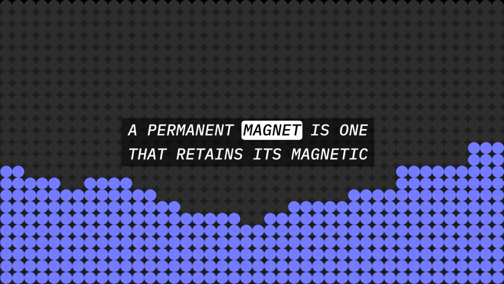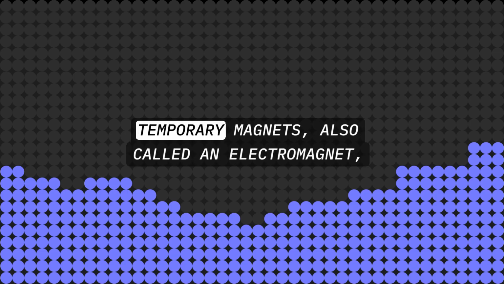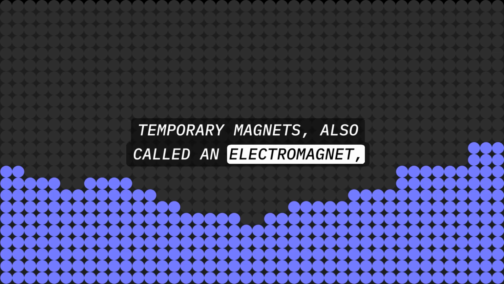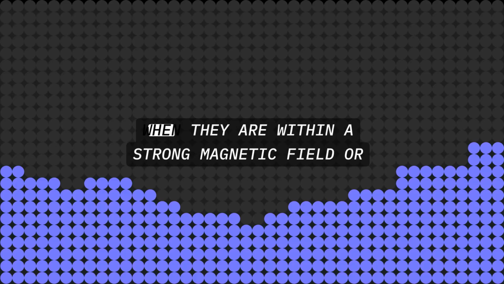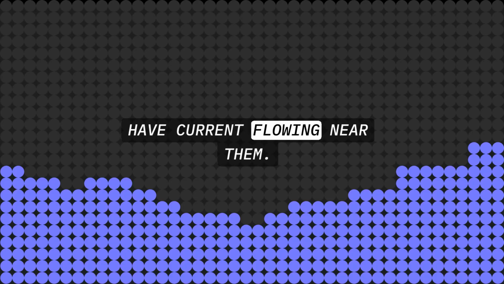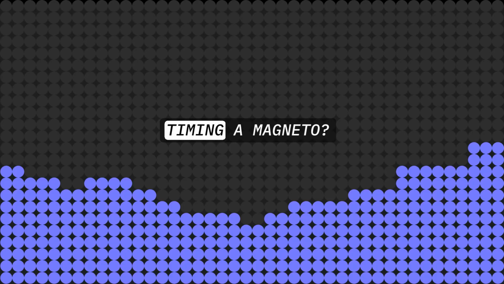What is the difference between a temporary magnet and a permanent magnet? A permanent magnet is one that retains its magnetic properties for a long period of time. Temporary magnets, also called an electromagnet, are those that simply act like permanent magnets when they are within a strong magnetic field or have current flowing near them. What does the ignition light indicate when timing a magneto?